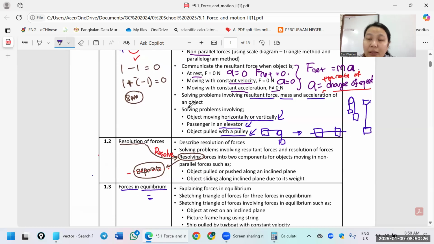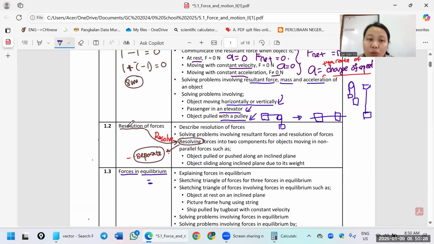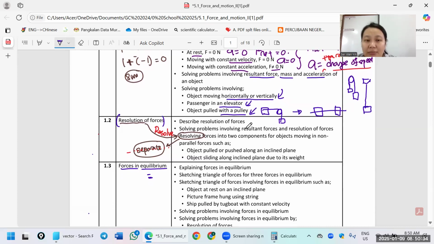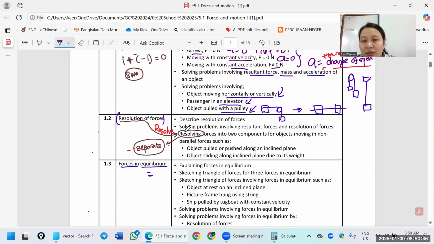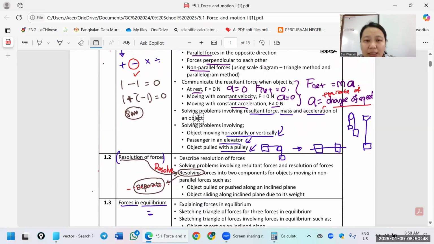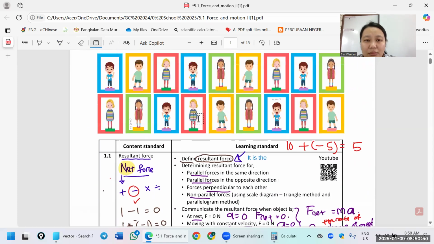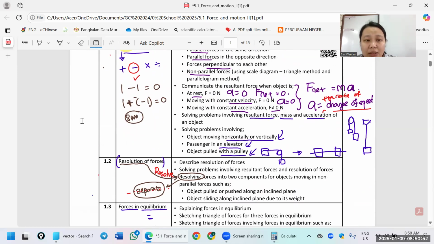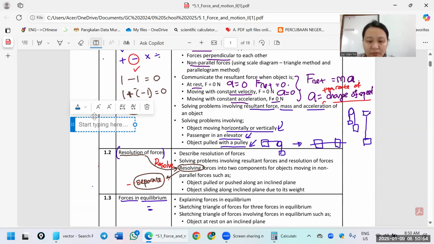Okay, so now we are going to topic 2, resolution of force. So what is the meaning of resolution of force? We say that resolution of force is a process. Maybe we can write here, okay? What is resolution of forces?